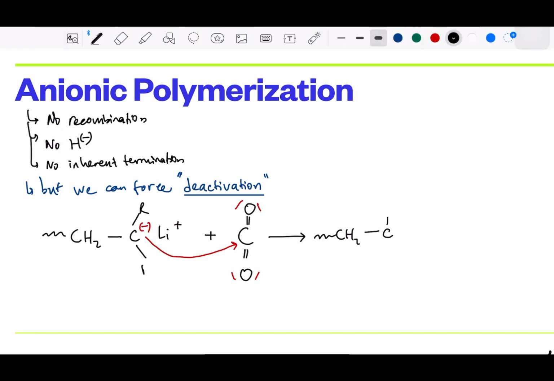Let's say this is just R, R, and then this is another carbon. Then we remove one of the double bonds, so one side has more electrons, and this is the active center.